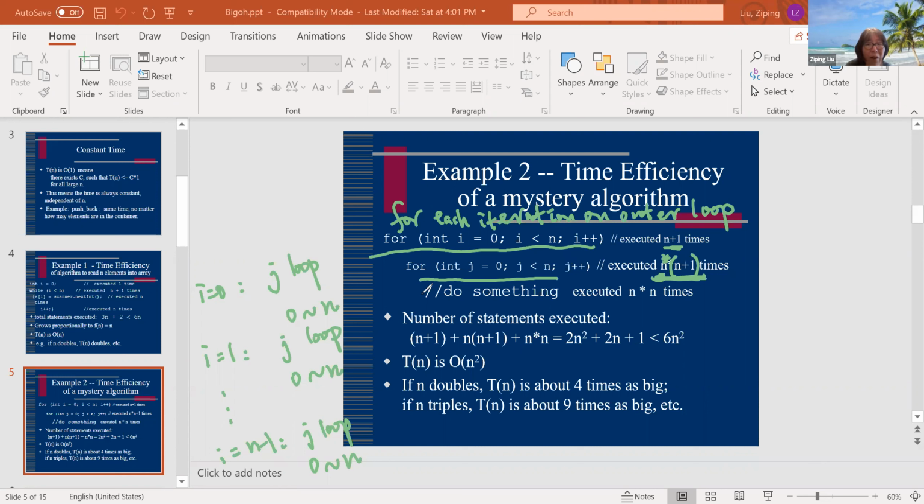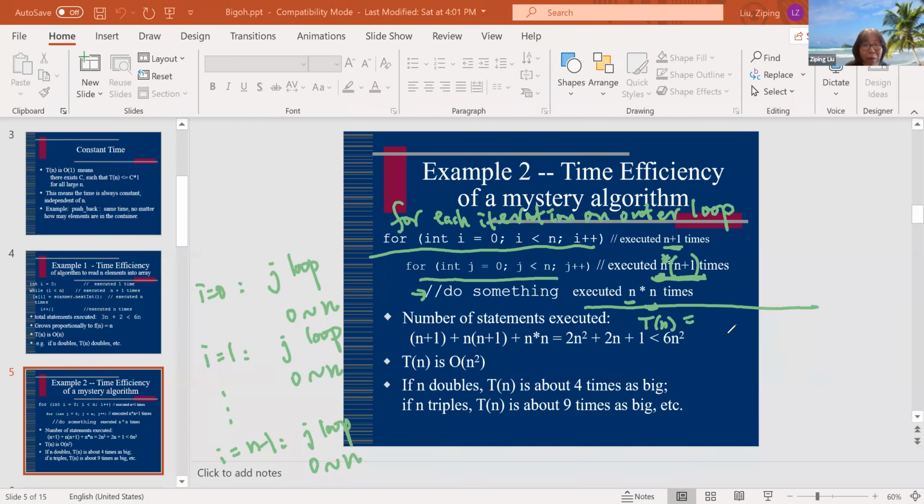And then internally, we are going to do something, and this do something is similar, it's a loop N times the inner loop. And the outer loop is N, so it's N times N. And what is that Tn?